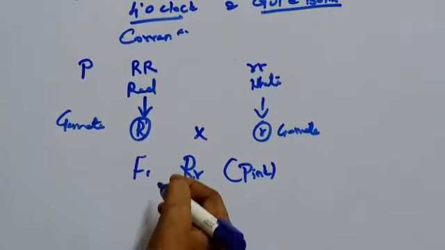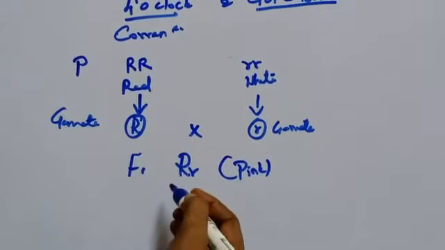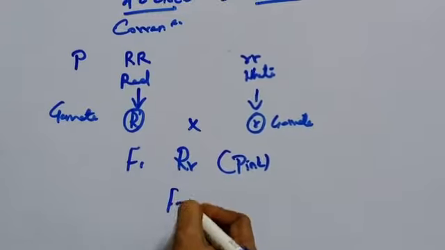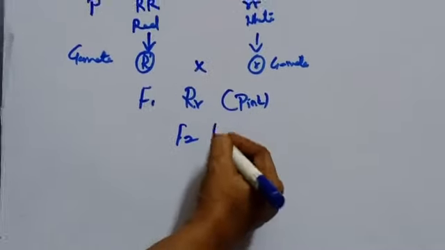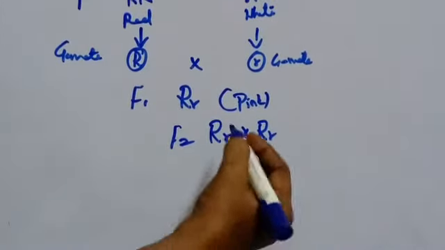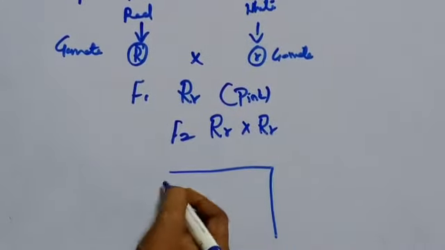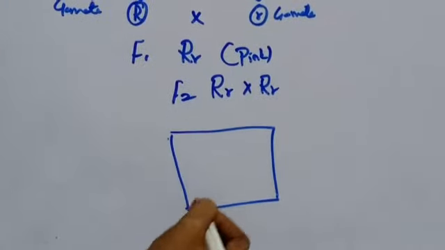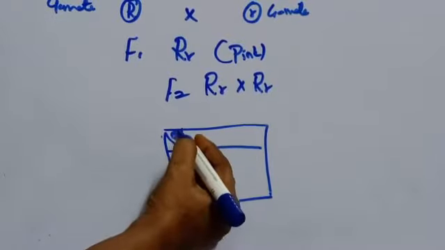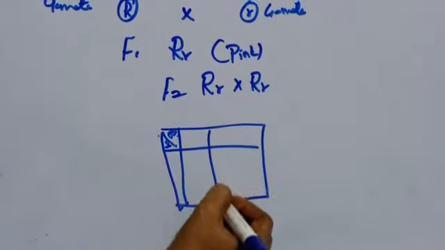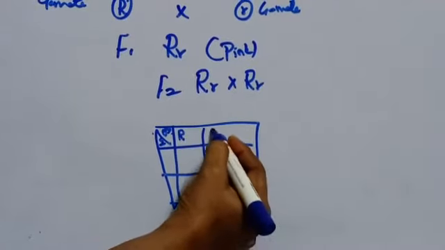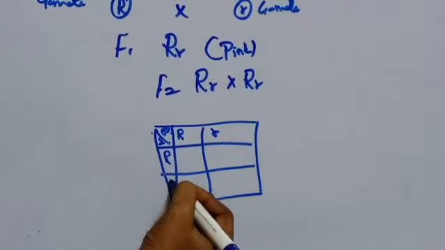When this F1 hybrid is selfed, that is the F2 generation, capital R small r crossed with capital R small r. We'll draw the checkerboard. Male, female, capital R, small r, capital R, small r.